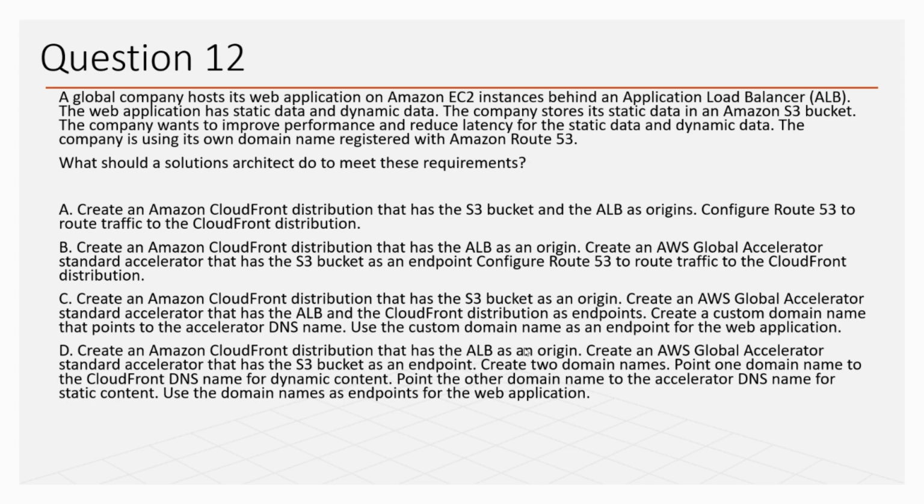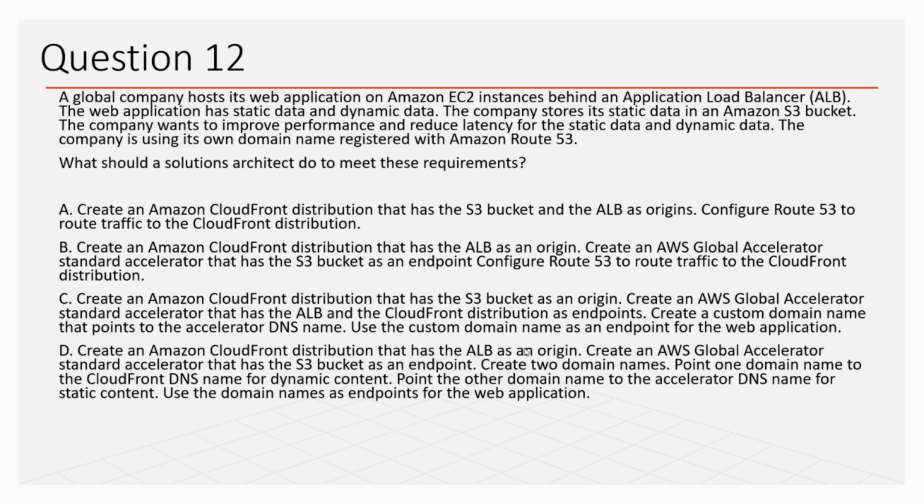Then option C, it says create an Amazon CloudFront distribution that has the S3 bucket as an origin. Create an AWS Global Accelerator standard accelerator that has the ALB and the CloudFront distribution as endpoints. Create a custom domain name that points to the accelerator DNS name. Use the custom domain name as an endpoint for the web application.